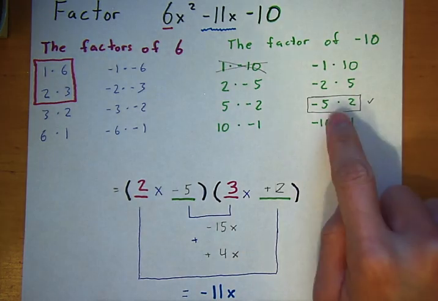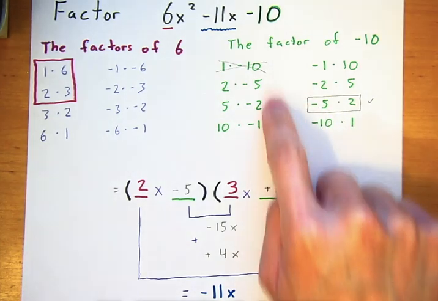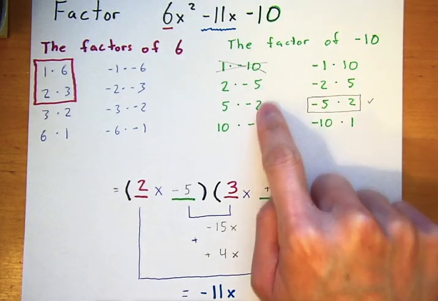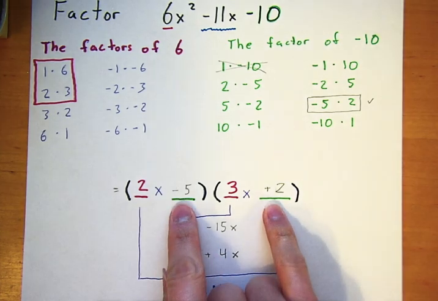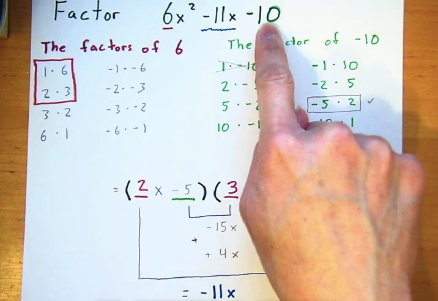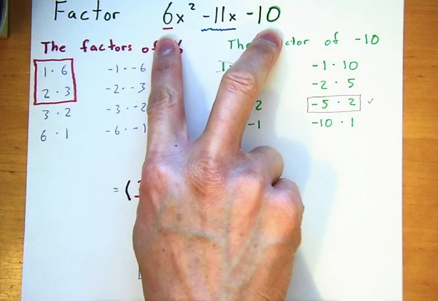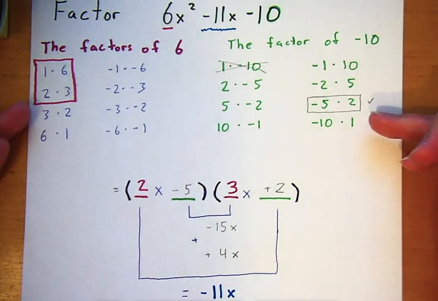And I knew to try one of these 4 here in the middle. I knew one of these 4 here in the middle would probably be the correct one here, once again, because that negative 11 is pretty small compared to these 2, 6 and negative 10. So that's my hint on how to choose which of these to try first.